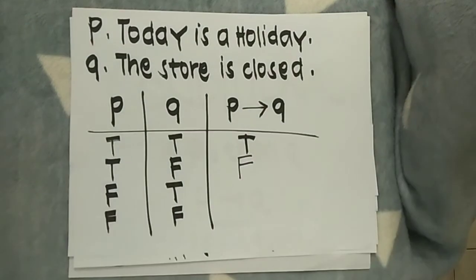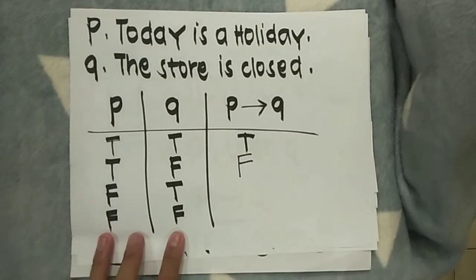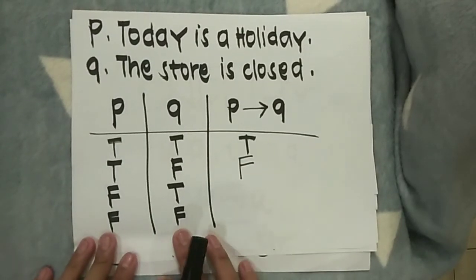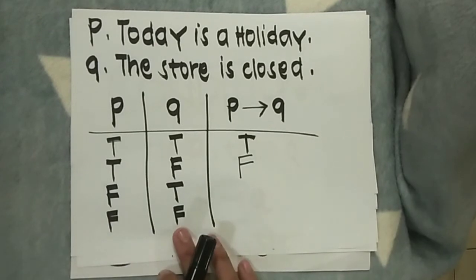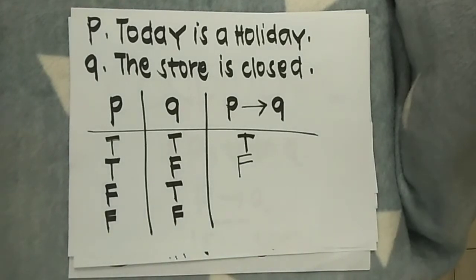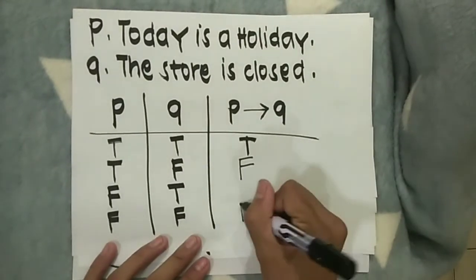I'm going to jump down to the condition where they're both false. Today is not a holiday, and the store is not closed. Well, I didn't have any reason to expect the store to be closed because today is not a holiday. So that's also going to be a true statement.